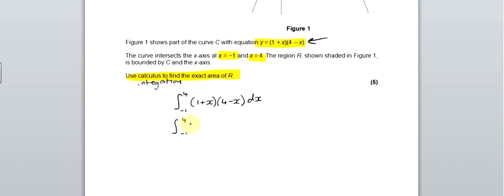So 1 times 4 is 4, then we've got minus x plus 4x minus x squared with respect to x, and from there I can actually integrate now. So I think I'm just going to tidy it up first actually, so we'll stay like this in this form for a little longer. So we've got 4 plus 3x minus x squared with respect to x.